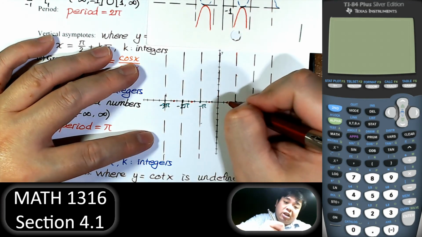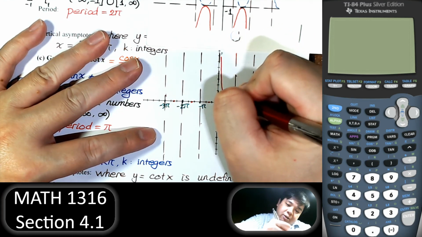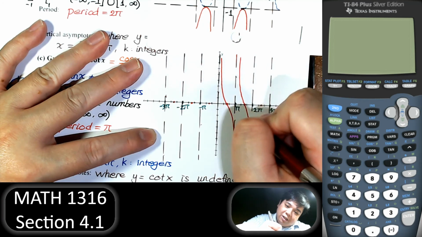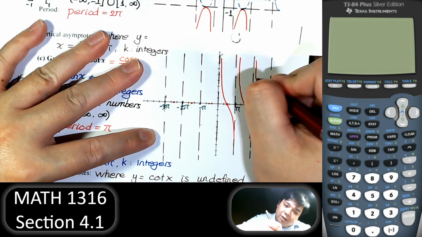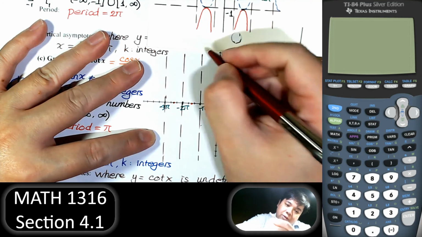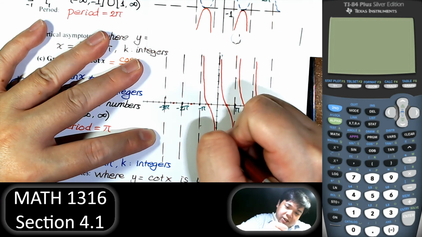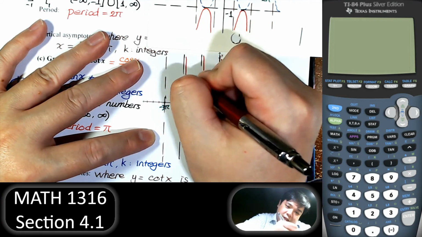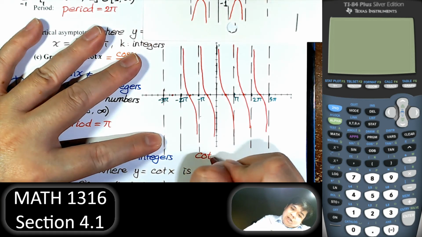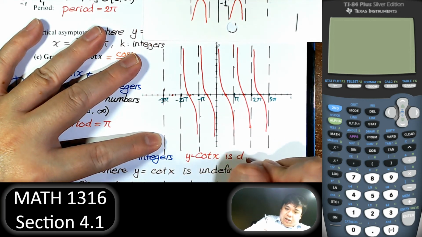So the characteristic of cotangent is that it is decreasing. So cotangent x is decreasing.